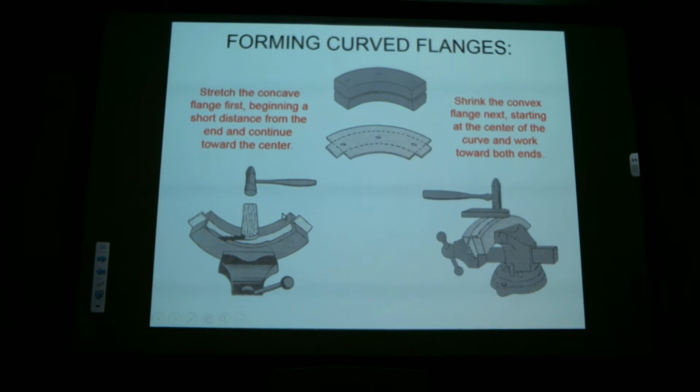On the other hand, the convex edge, when you bend it over, is being formed over a smaller circumference of a circle or a smaller arc. So in that case, you're actually shrinking the material. So this flange is being stretched, and this flange is being shrunk.